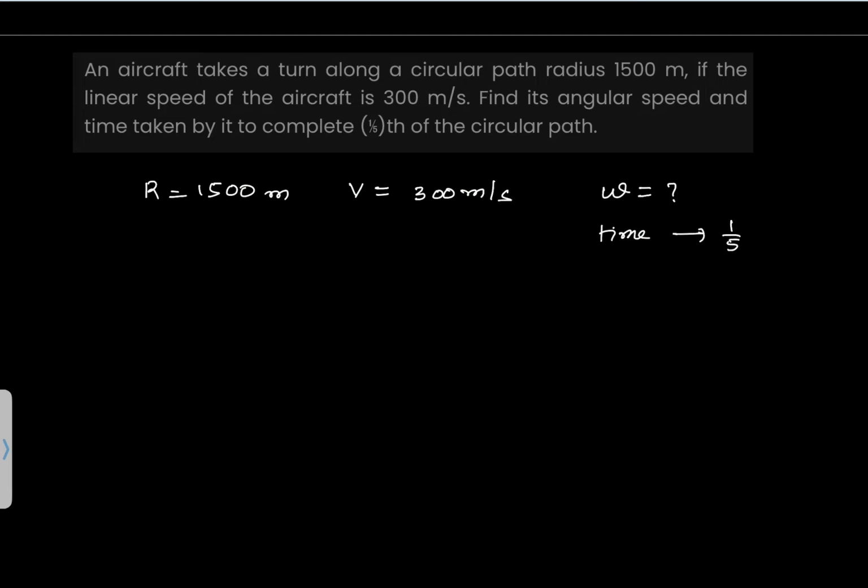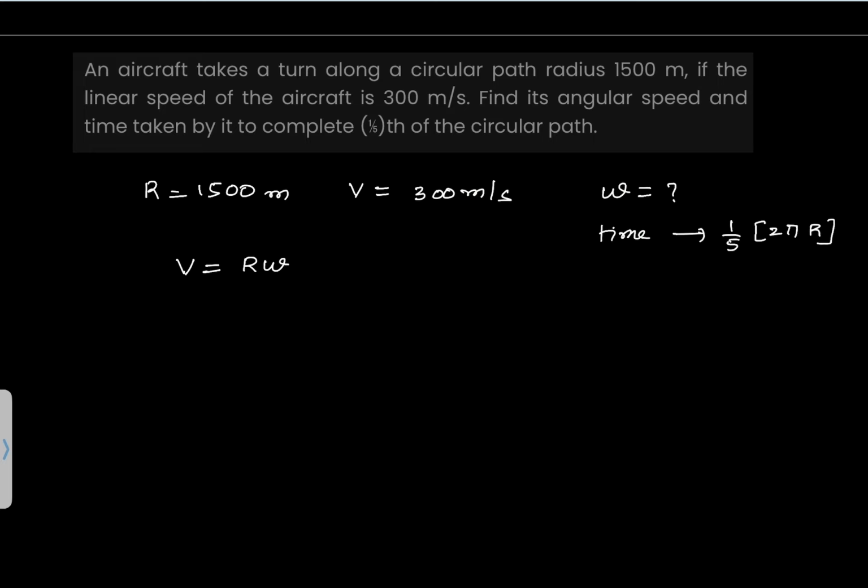It's not the time period. It's the time for completion of 1/5 of the circular path. Circular path means circumference, which is 2 pi r, but he is talking only about 1/5 of it. So we need to calculate the time for 1/5 of 2 pi r. Let me start the question. The first part is calculating omega. Let us directly use the formula v equals r times omega.